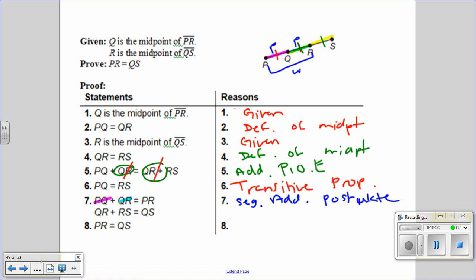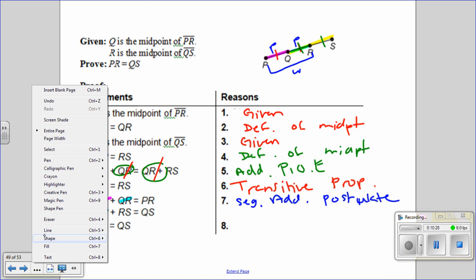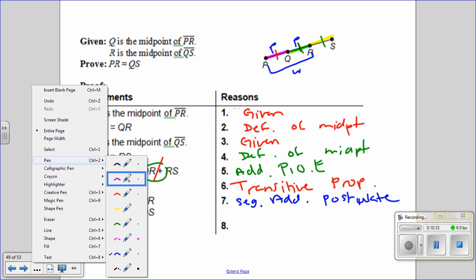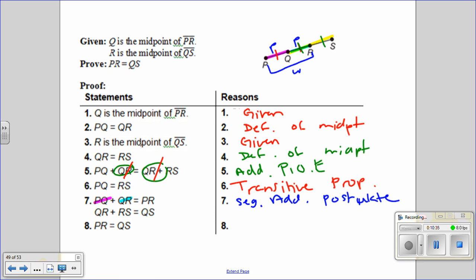All right, I'm sorry. The statement 8, in order to understand it, you have to go back and see what happened in statement 5. In statement 5, we had PQ plus QR. And in statement 7, we said that PQ plus QR is the same thing as PR.